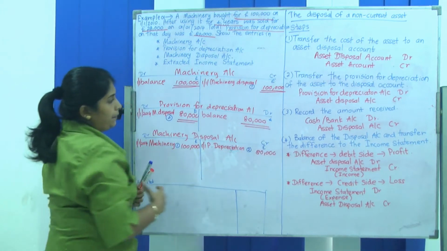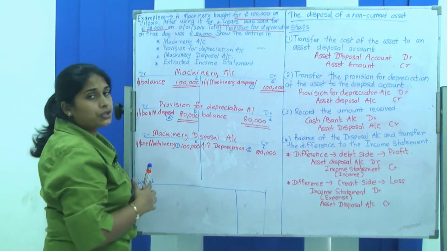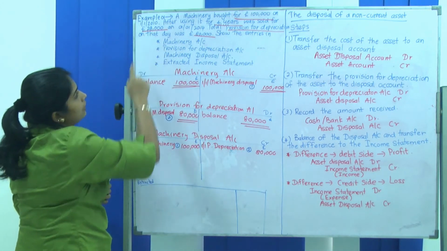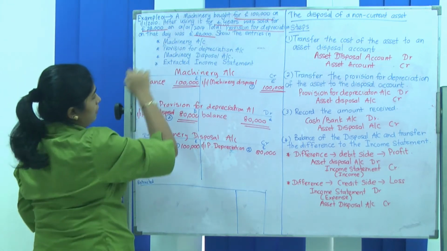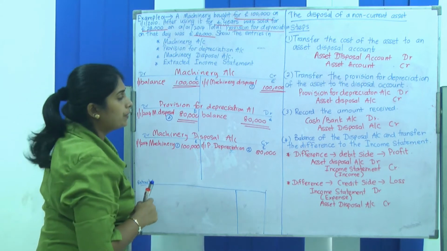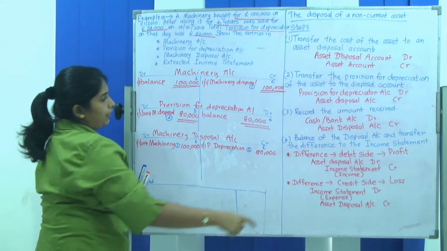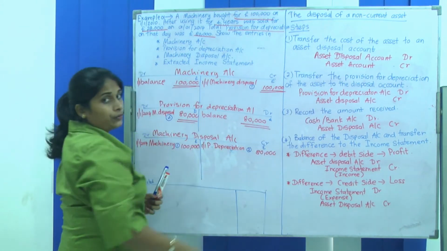Now the third step, the amount that you received. Here you are receiving 28,000 in cash. They have not said a cheque, so we have to assume they have received cash. So the cash account will be debited.